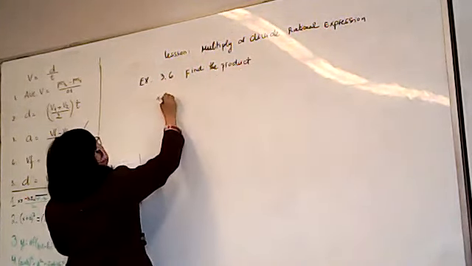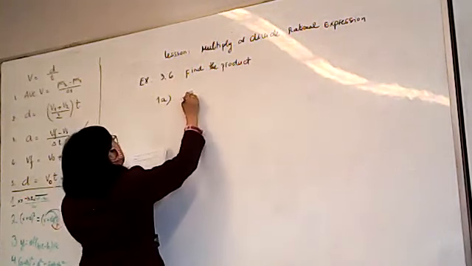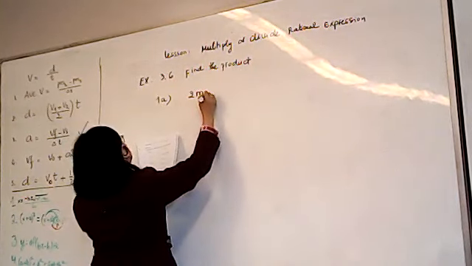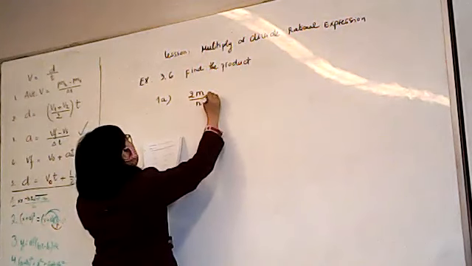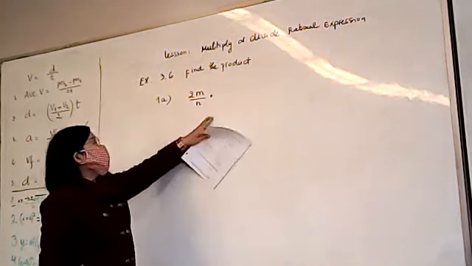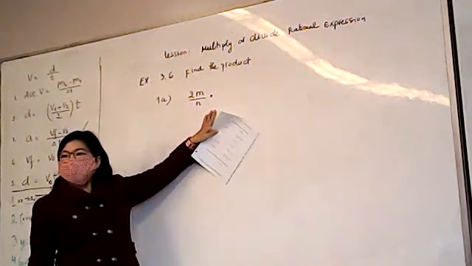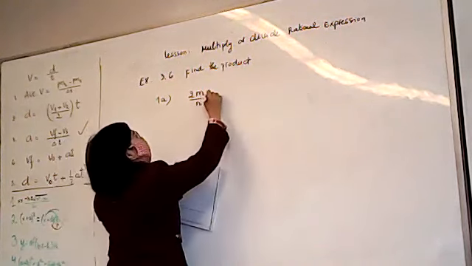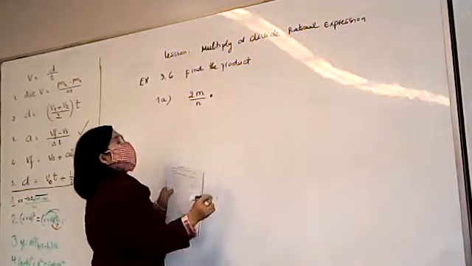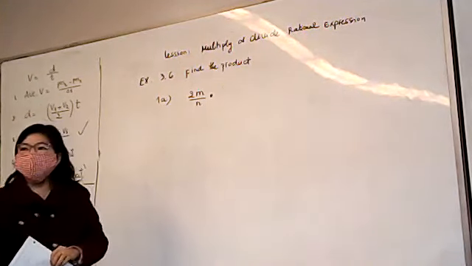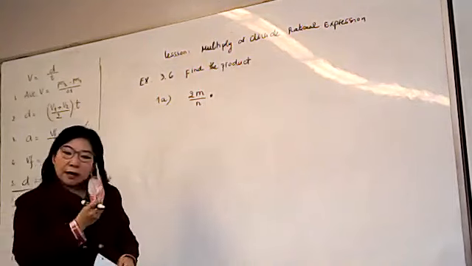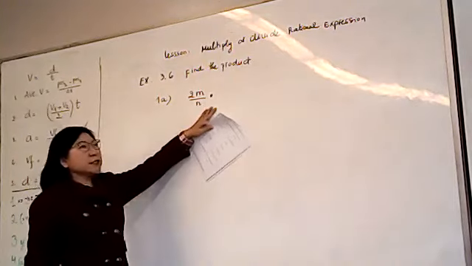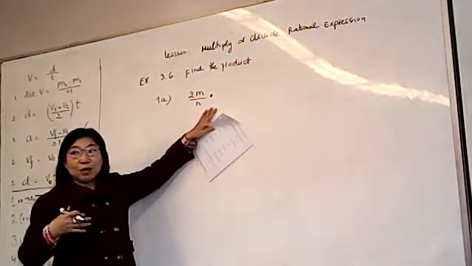So we have 1a, 2m over n, and the dot means when they put it big like that, student, obviously it's multiply, it's not decimal, right? So I hope you understand the dot just replaces the multiplication sign. And the reason is because if we put the multiplication sign, it looks like an X, and that's why we don't like it.